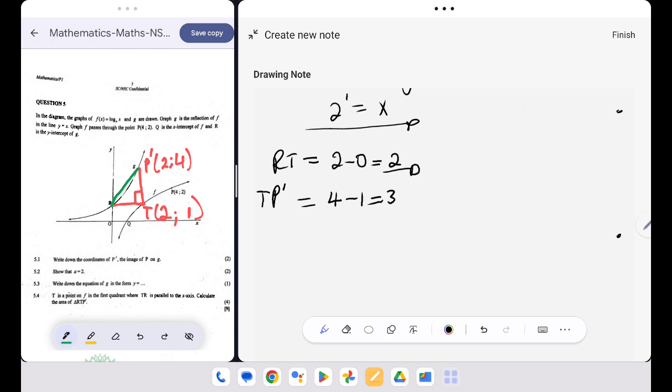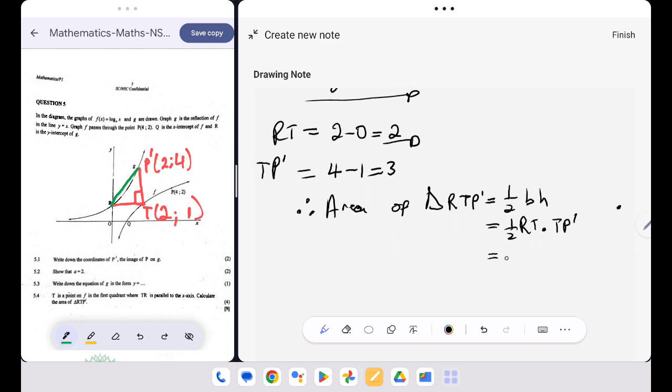Are you together? So therefore, the area of triangle RT and the image of P will be half the base times height. In this case, our base is RT and our height will be T and the image of P. Just substitute since we have them.